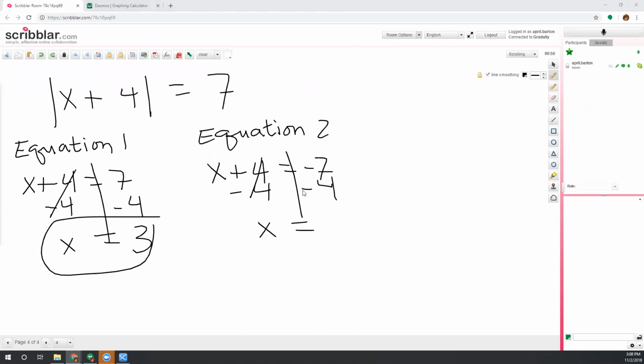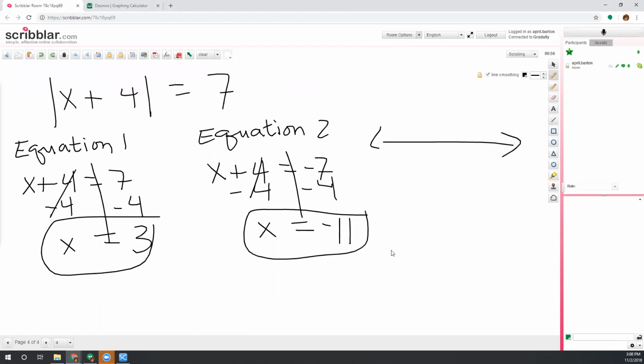That's going to give me a negative answer. Yeah. So negative 11, not a 3 this time. When you have negative 7 and minus a 4, it's 11, like you add the numbers but keep the negative sign.